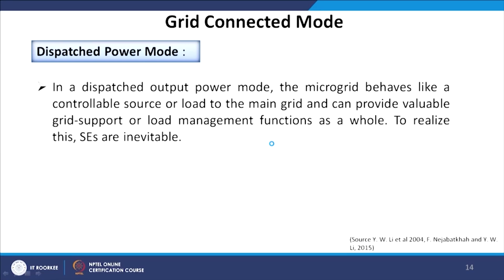And to realize this, storage elements are inevitable. Means if you like to vary your generations as well as load of your AC/DC microgrid to meet certain requirements of your main grid, then the storage has to be there, because the discharging and charging of storage can meet a better requirement of your main grid.